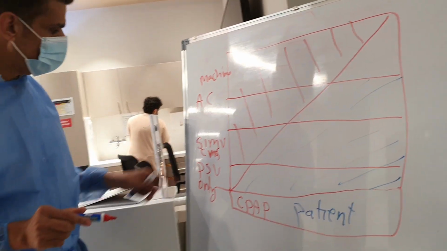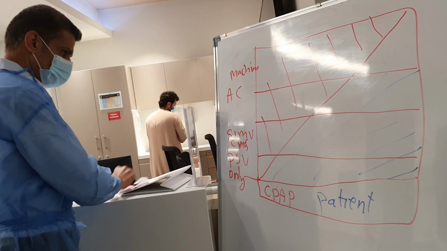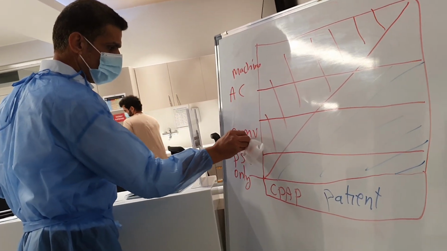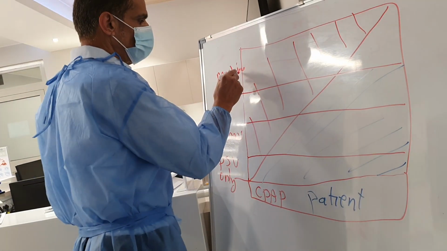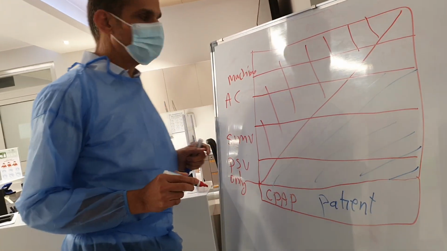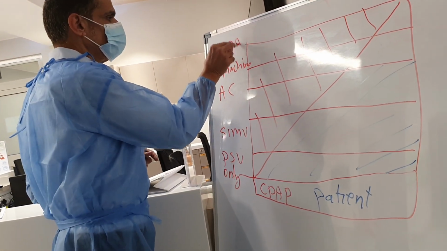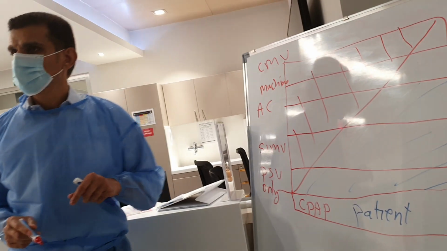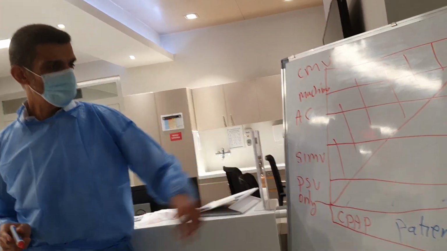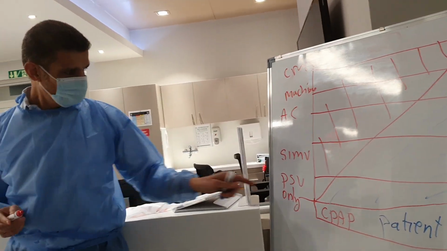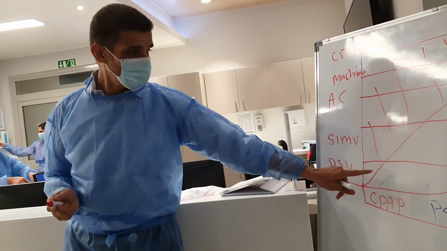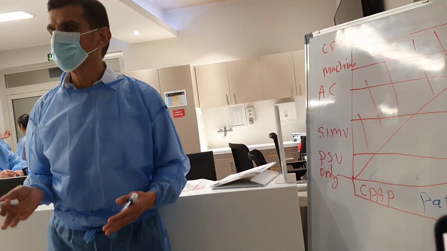If you go totally machine, no patient, that's Control, CMV. Got it? So this can help you to understand why we go for it. This is contributed by the patient more, and that's why the patient will be exhausted with time.